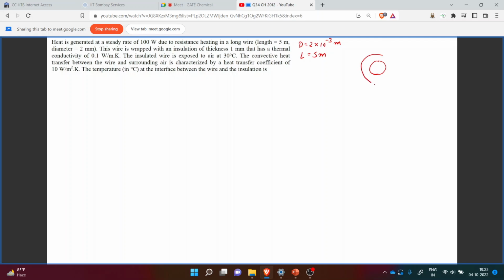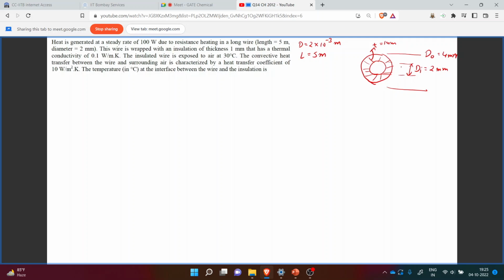So let's consider this as an insulation, and the thickness we have been given as 1 mm. That is, we can write the inner diameter Di as 2 mm, and outer diameter Do will become 4 mm.